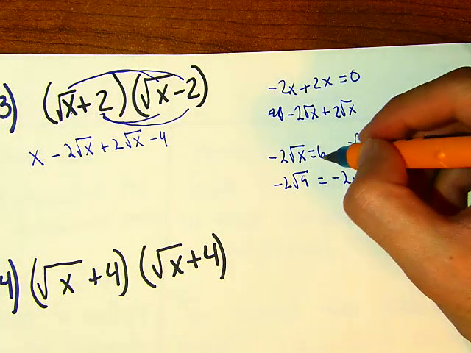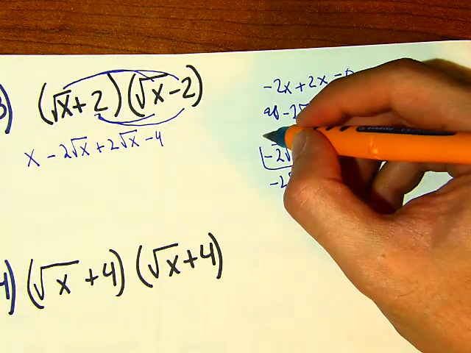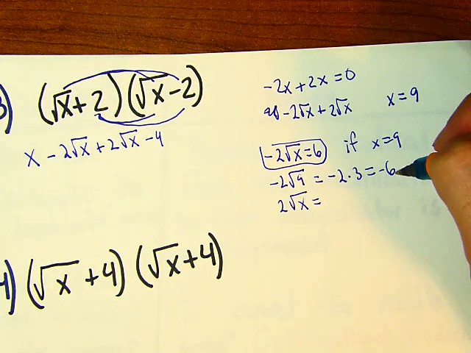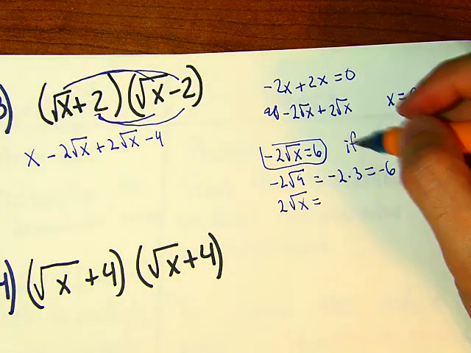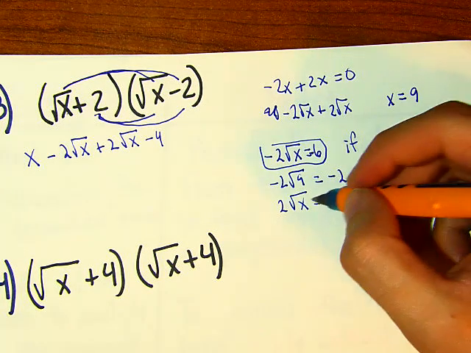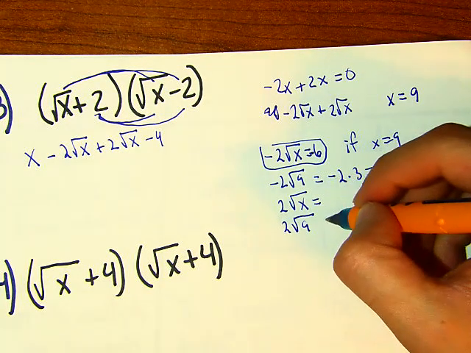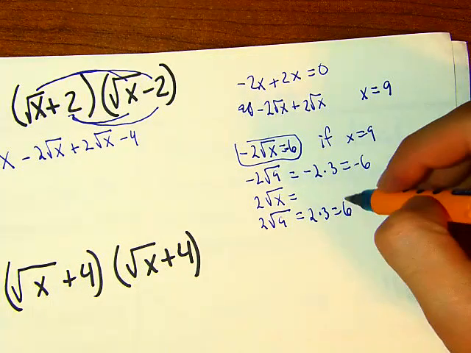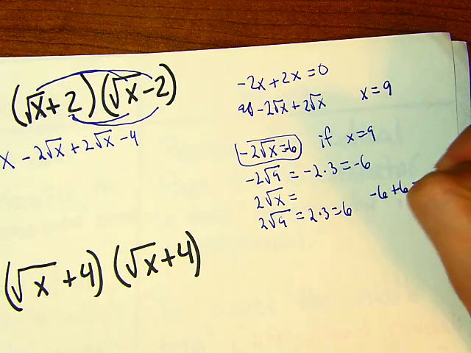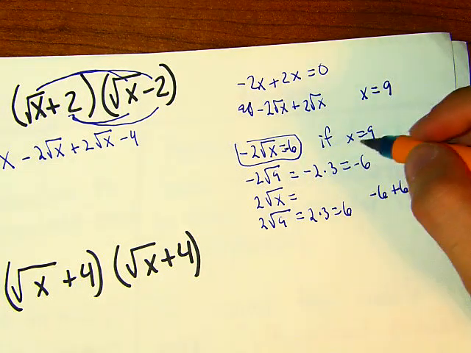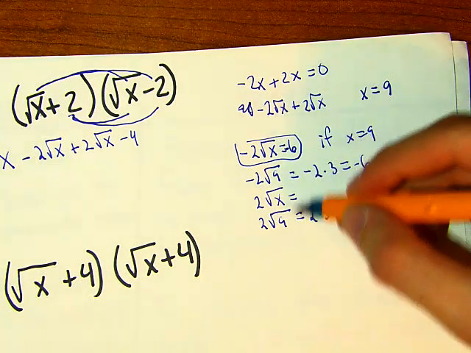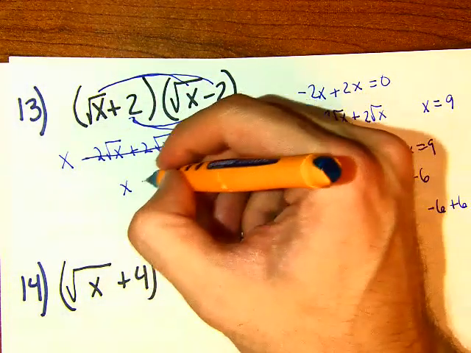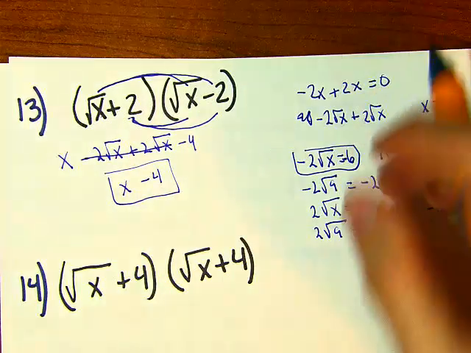And positive 2 square root of x, that's 2 times square root of 9, which is equal to 2 times 3, which is 6. And here we have minus 6 plus 6, and that's 0. Okay, so if you just wanted to plug in a number just to check to see if it works, it still holds. So here, these two cancel, so we're just left with x minus 4, and that's it.